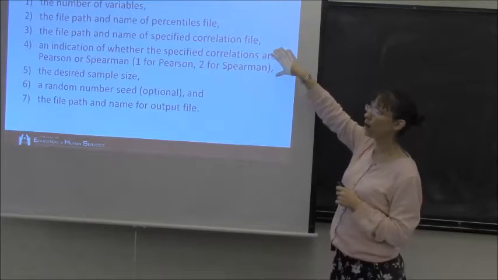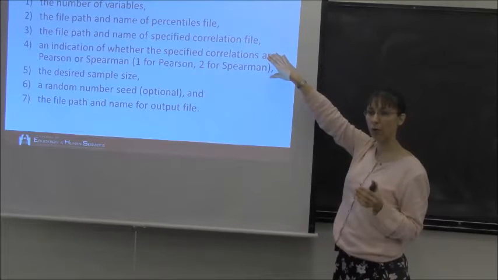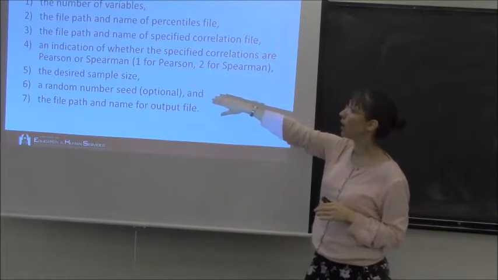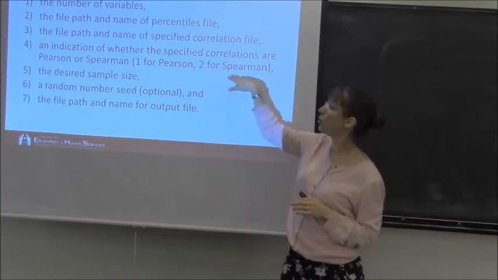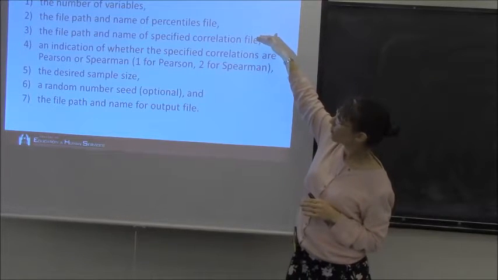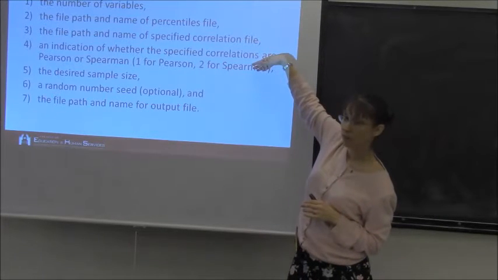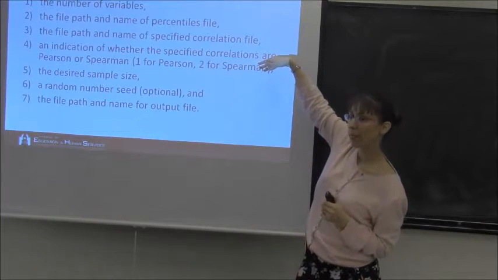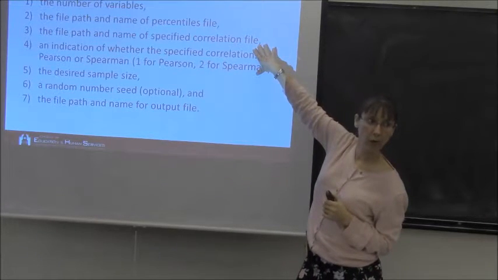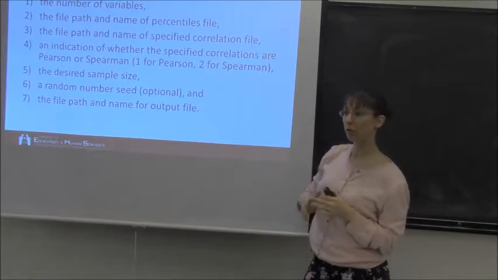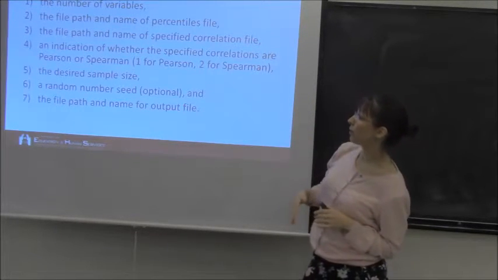We'll have to give an indication of whether the specified correlations are Spearman or Pearson. So I set it up so 1 is Pearson, 2 is Spearman. By the way, 3 and 4 here, the correlation file and whether the specified correlations are Pearson or Spearman, that's for the multivariate approach only. So obviously if you say we're only simulating 1 variable, that information is irrelevant.